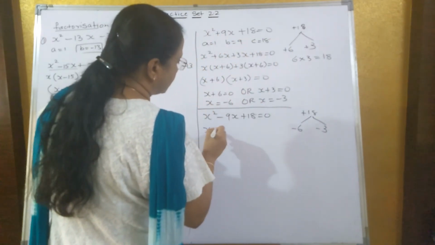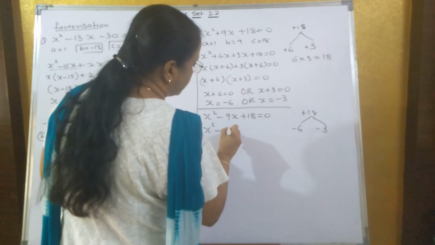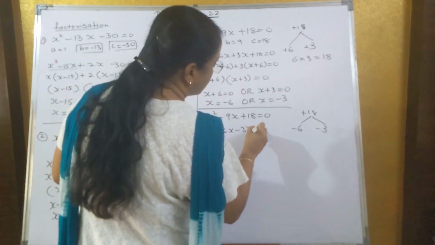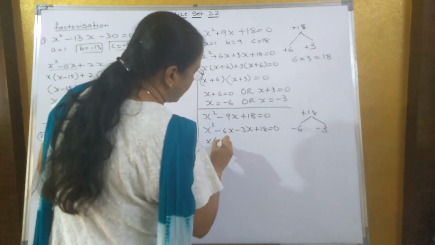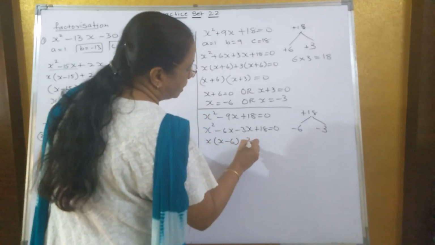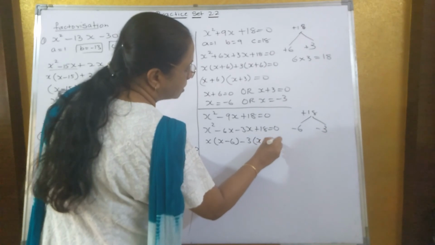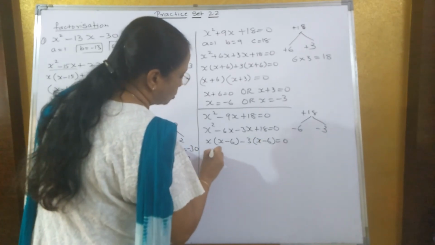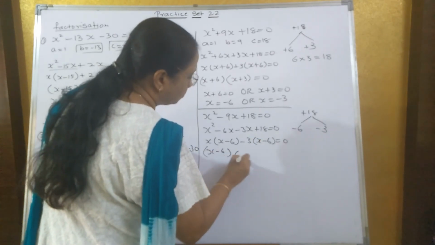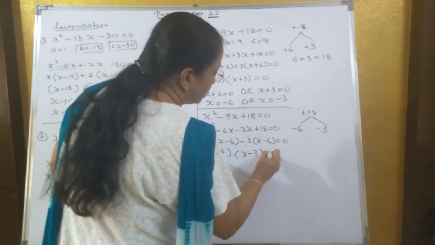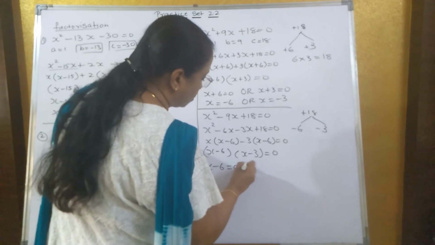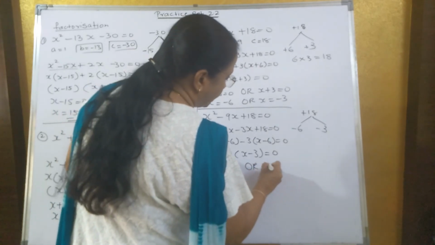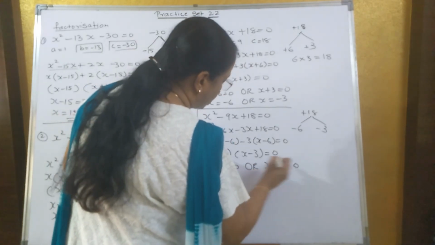So x² − 6x − 3x + 18 = 0. x is common; (x − 6) is common, so (x − 6)(x − 3) = 0. x − 6 = 0 or x − 3 = 0.